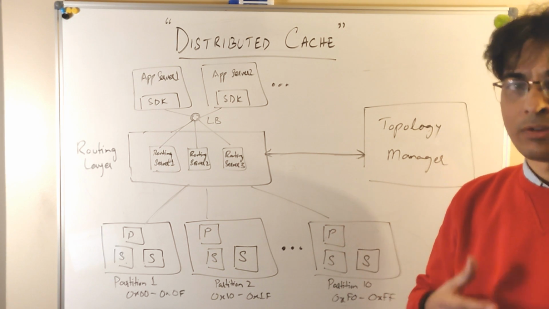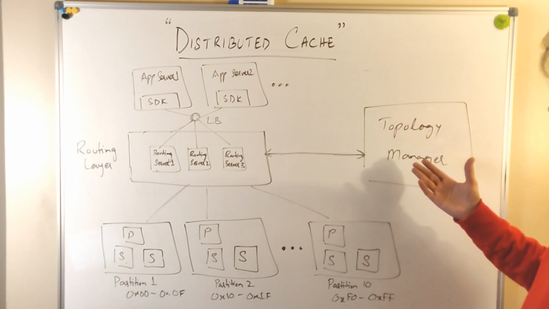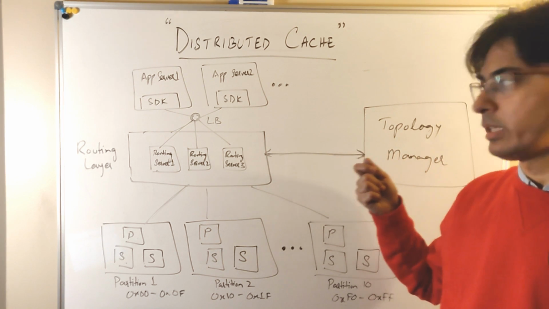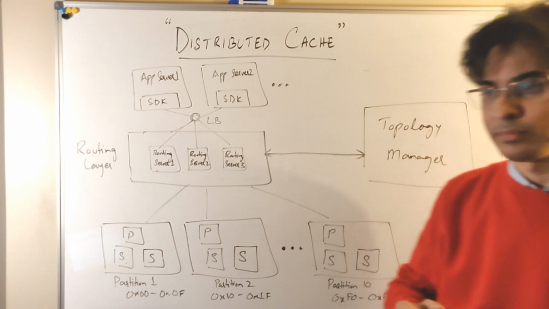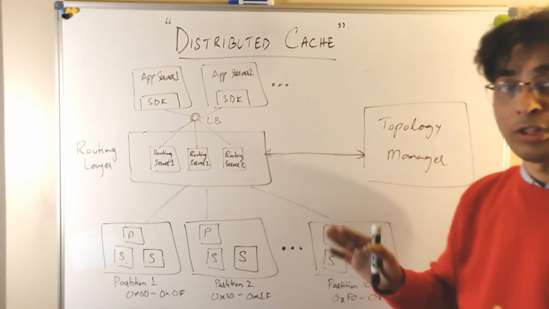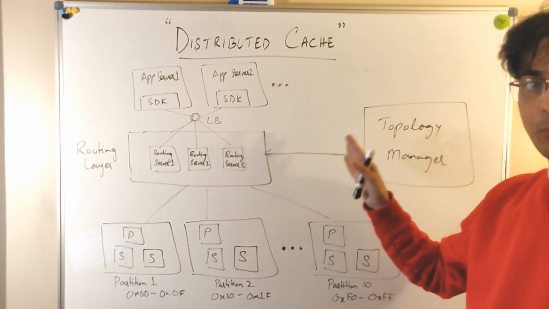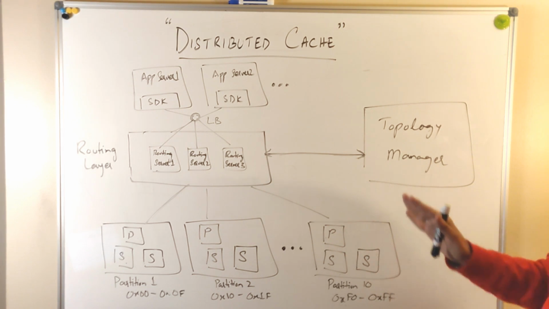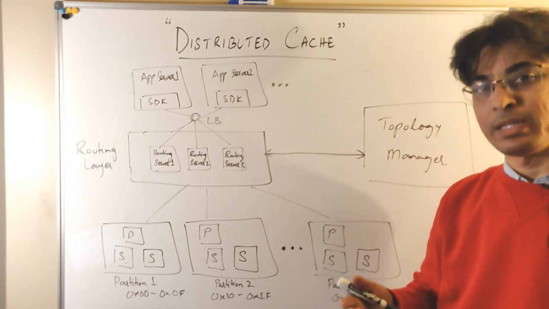All these changes are called topology updates. So whenever a topology update happens, the topology manager sends all the updates to all these routing servers. So you can see that the topology manager is a sort of coordinating component here in the distributed cache. Usually the topology manager can be implemented using Zookeeper as well.